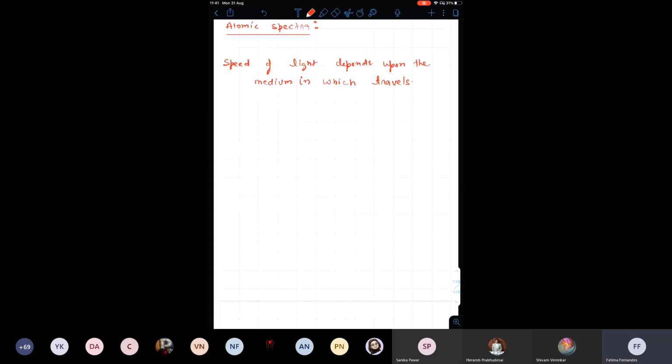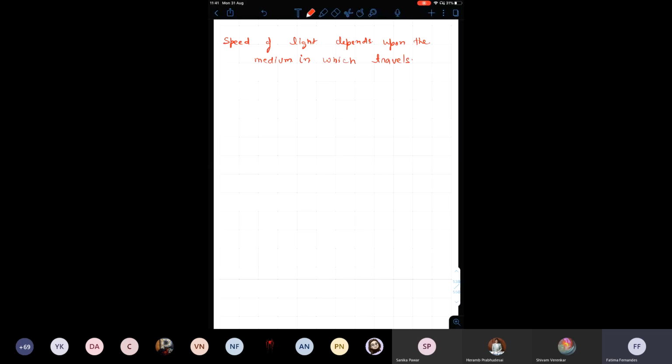Okay, write it down. Speed of light depends upon the medium in which it travels. When light moves from one medium to another, speed of light differs.